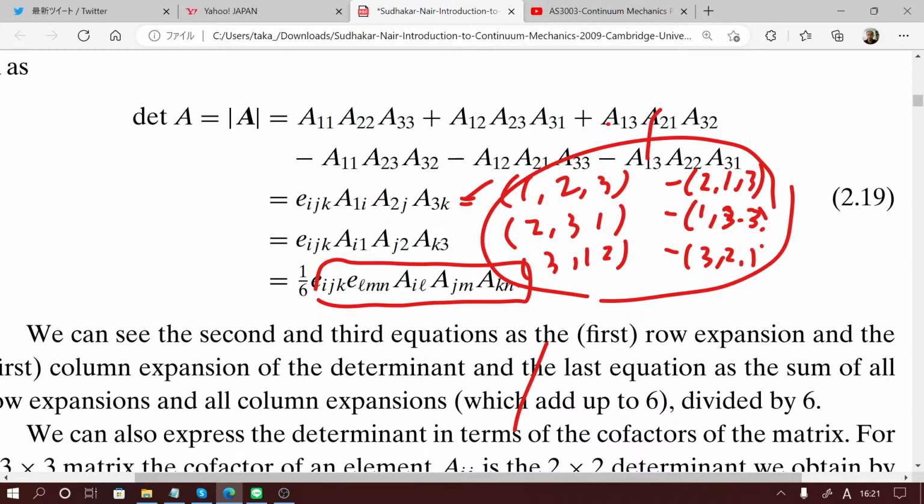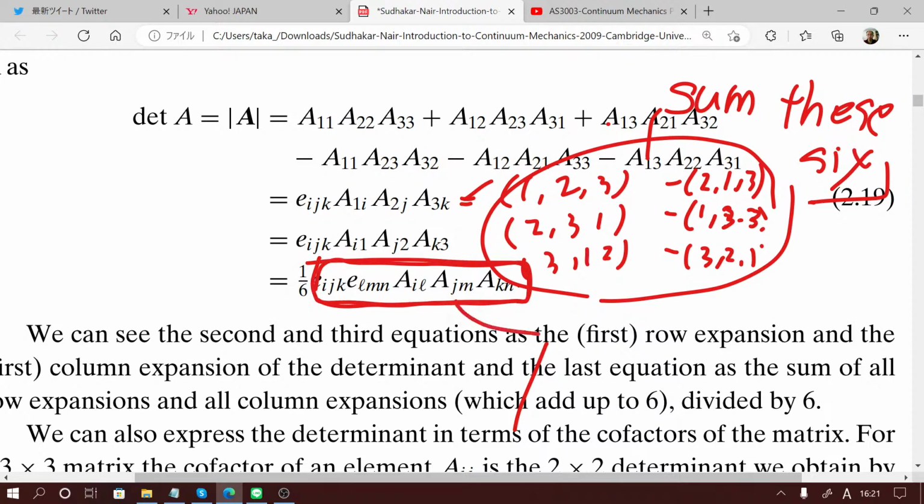If we sum these 6, we have this equation. This expression is the sum of these 3. So we multiply by 1/6 because we added 6 things.